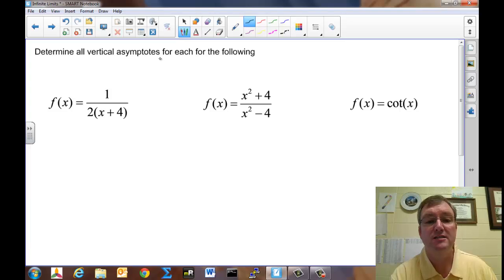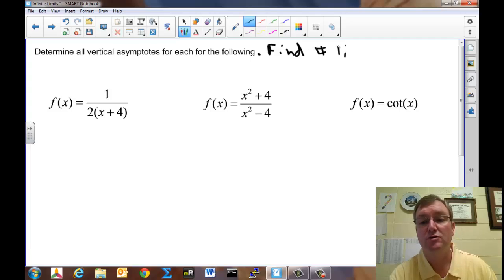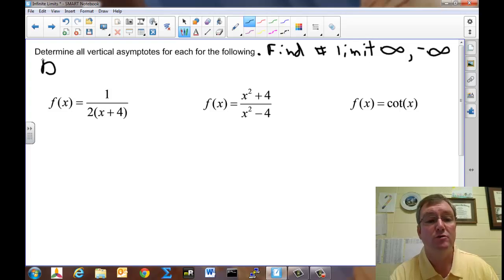Determine all vertical asymptotes for each of the following. This is just another way of asking you to find the numbers where the limit equals infinity or negative infinity. And another way of asking this same question, which should ring bells from previous classes, is: when is the denominator equal to 0?